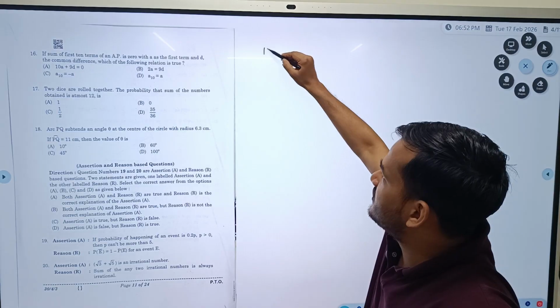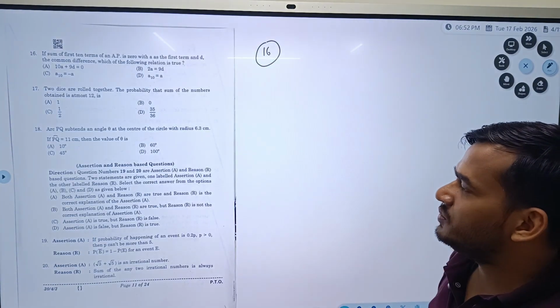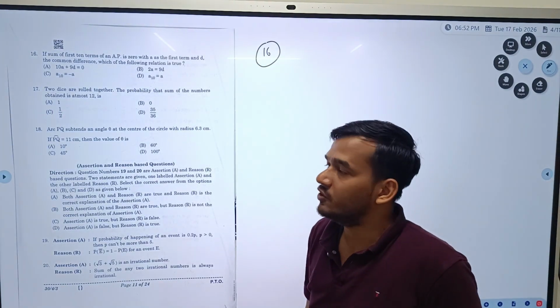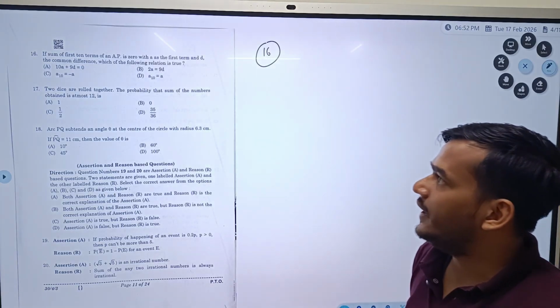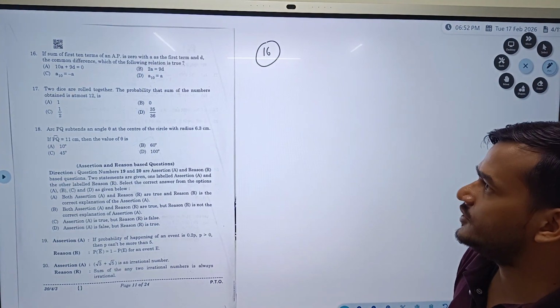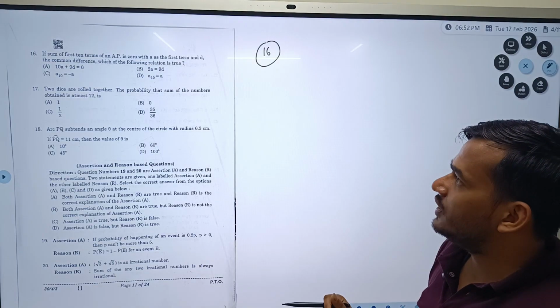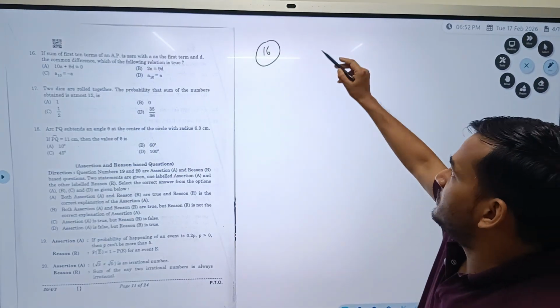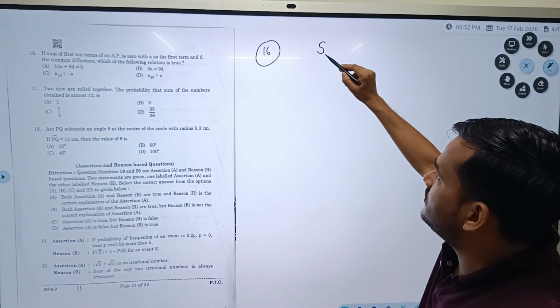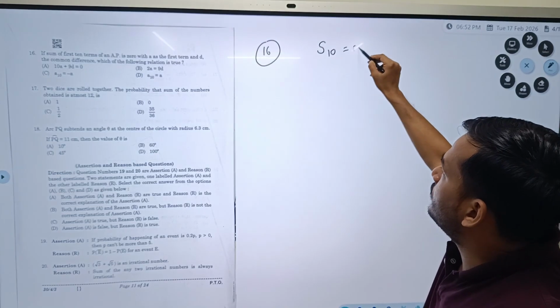So now question number 16. Sum of the first 10 terms of an AP is 0, where A is the first term and the common difference is D. Which of the following relations is true? Now sum of the first 10 terms is 0. So S10 equal to 0.